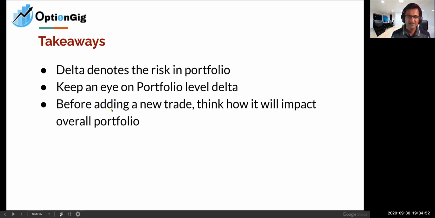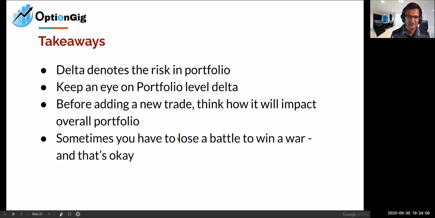So before adding a new trade, think how it will impact your overall portfolio, right? Because sometimes you have to lose a battle to win a war. I have done many trades in which I have also mentioned when I open a trade, I hope I lose on this trade because this will help overall portfolio.